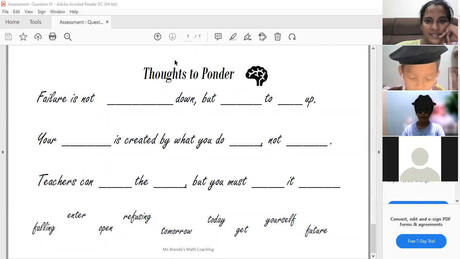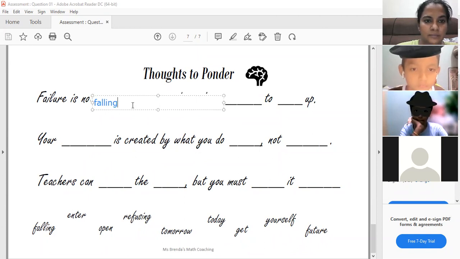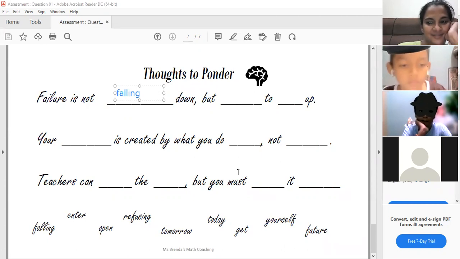Failure is not falling down. All right. So says Fahim. He says, first answer, falling. Failure is not falling down. Then what is it? But... Okay, how about the second one?